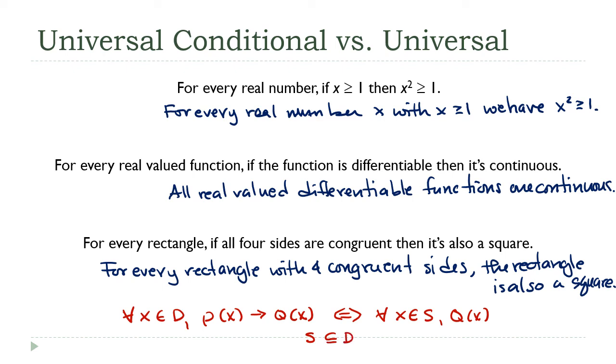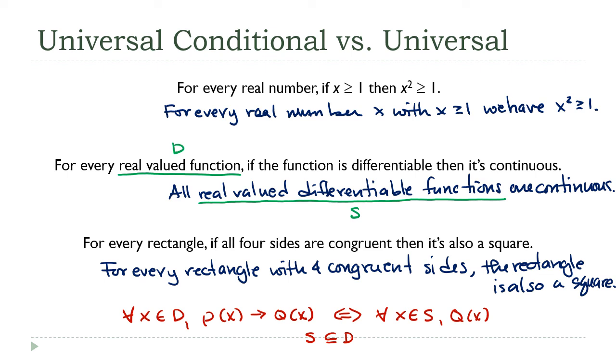For example, looking at the second example here, the original domain D was real valued functions, but in my universal version, the new domain S was real valued differentiable functions, a subset of the original domain.